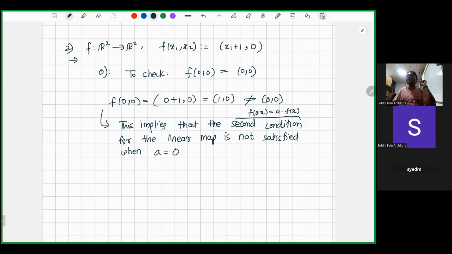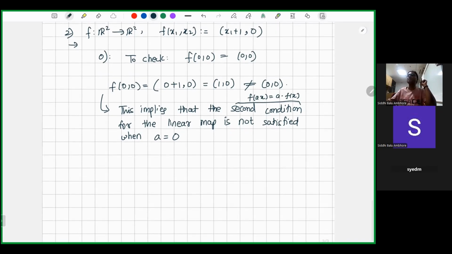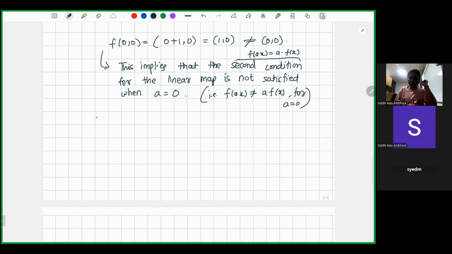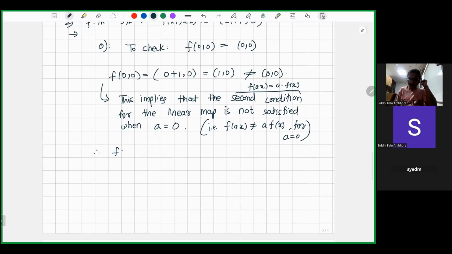So when I take a equal to 0, it must satisfy that (0, 0) goes to (0, 0), which is not happening in this case. So f of a x is not equal to a times f of x for a equal to 0. Therefore f from R2 to R2 such that f of (x1, x2) is (x1 plus 1, x2) is not a linear map.